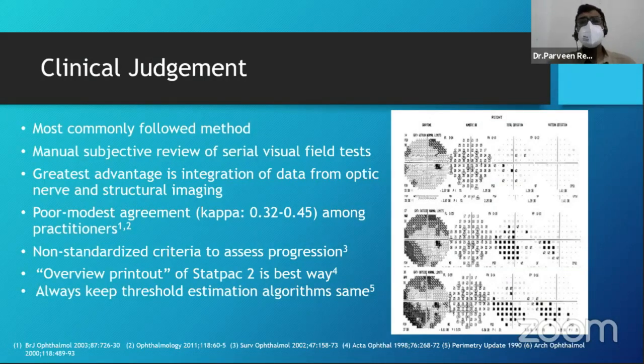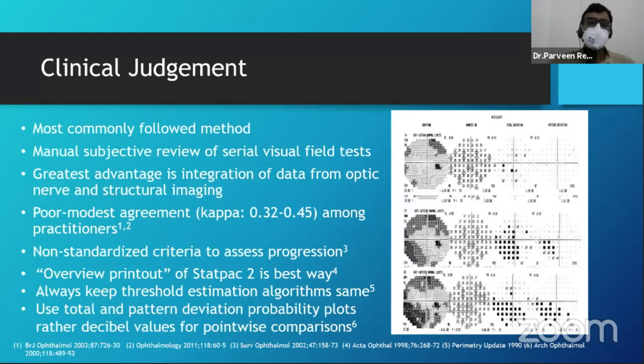But we need to be careful whenever using this type of criteria to assign progression: always keep the same algorithm whenever you order subsequent follow-up fields, and use total and pattern deviation probability plots rather than the decibel values for point-wise comparisons.